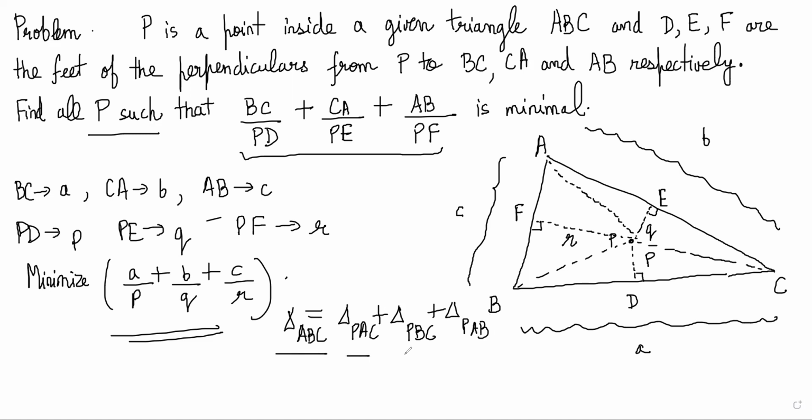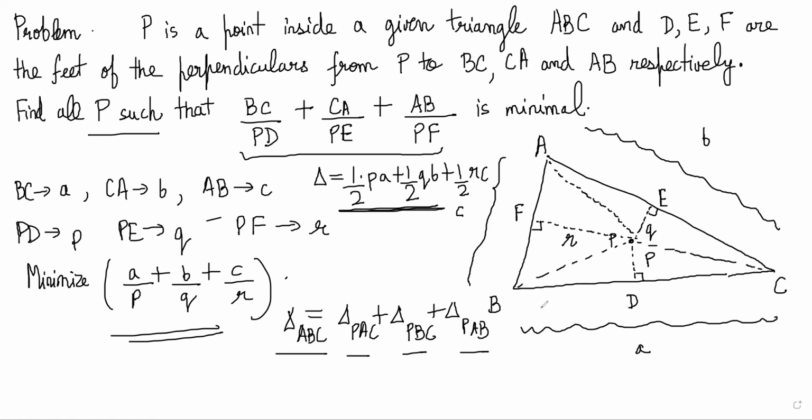So the area of the big triangle is equal to the sum of the areas of the three smaller triangles. So we can write that as del, which is the area of the big triangle, is equal to half into P into A plus half into Q into B plus half into R into C, right?